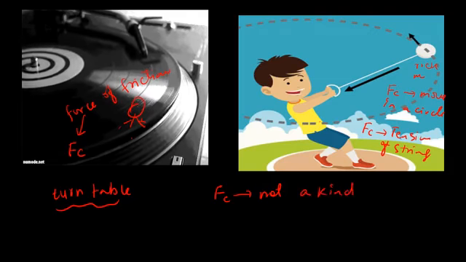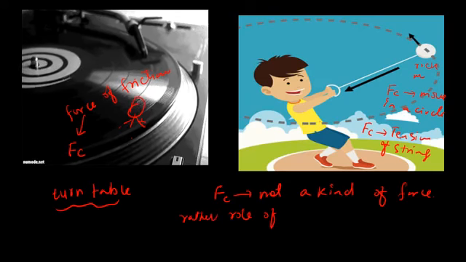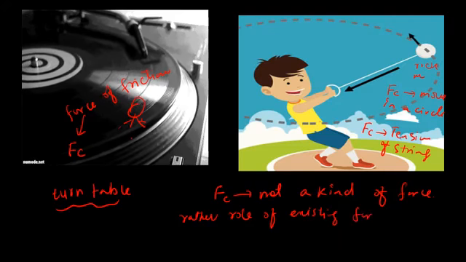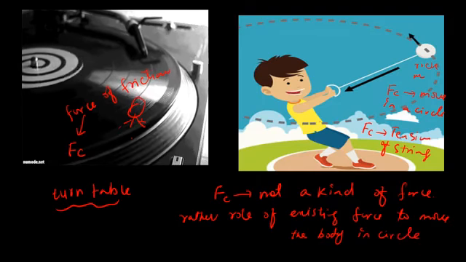Rather, it is the role of existing forces to move the body in a circle. That's why we cannot add the centripetal force to the list of naturally existing forces.